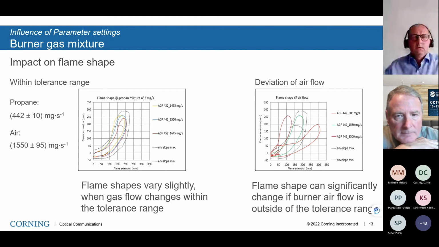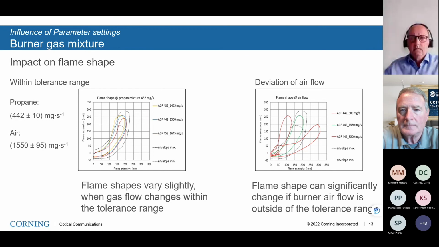If I correctly understand, for the gas or air flow we do not use a flow meter. We have a so-called mass flow controller, MFC, which is very precise equipment to ensure that the mass flow is always constant.